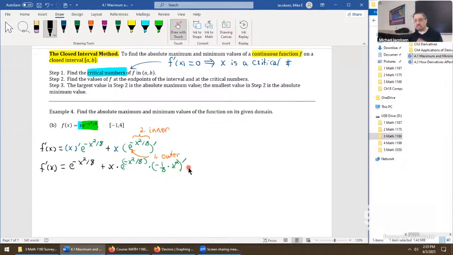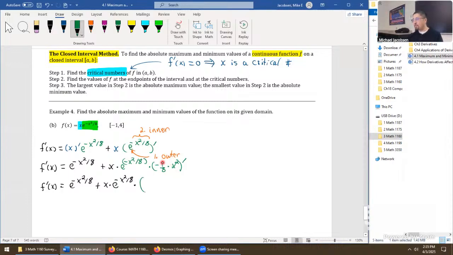So putting this now all together, we have the derivative of f at x is e to the negative x squared over 8 plus x times e to the negative x squared over 8 times this derivative right here. It's not too bad.